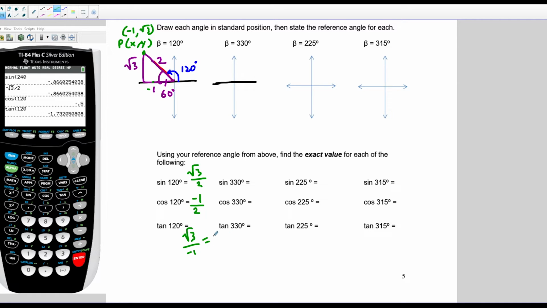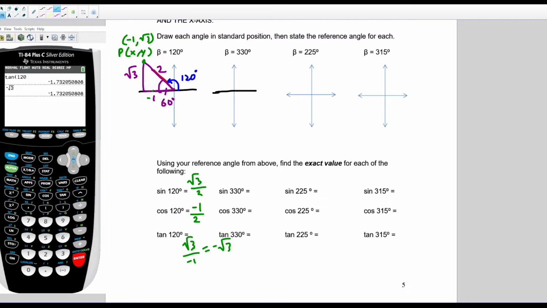So root 3 over negative 1 is the same thing as negative square root 3. And this is not by accident. Let's go ahead and punch in tan of 120. The negative square root 3 just so happens to be the same thing as negative 1.73 as well.